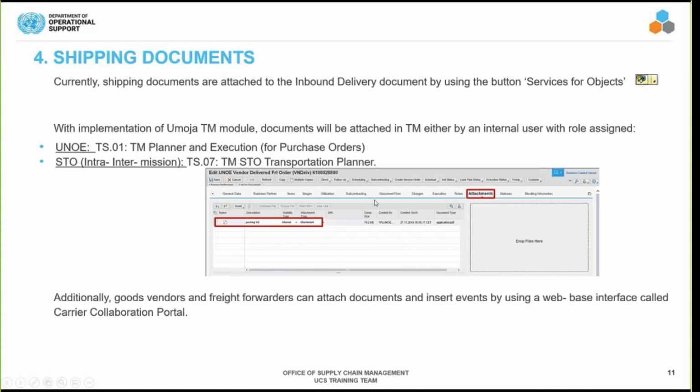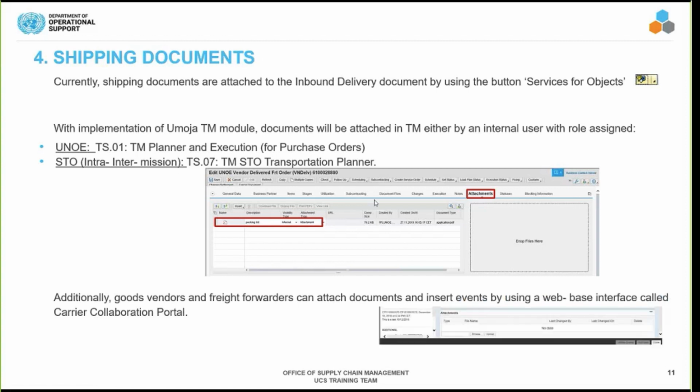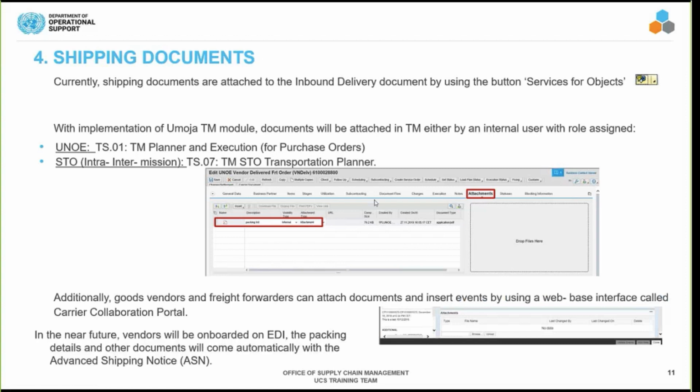Additionally, goods vendors and freight forwarders can attach documents and insert events by using a web-based interface called the Carrier Collaboration Portal. So they themselves will be able to access a website where they can attach documents by themselves, and these documents will be visible in TM.